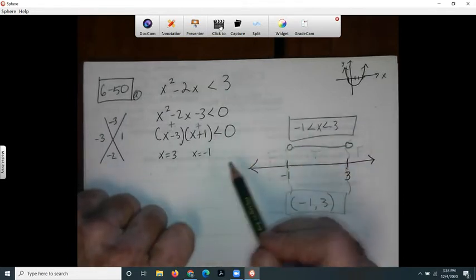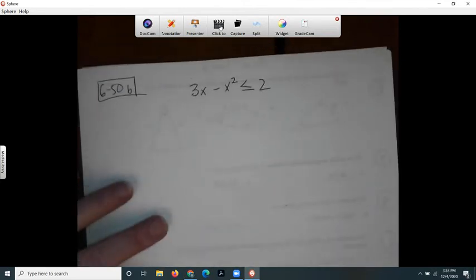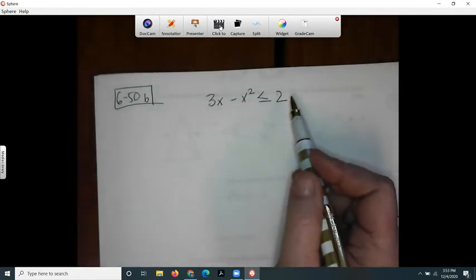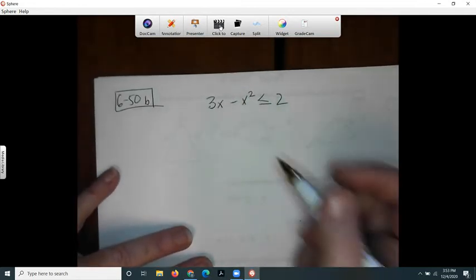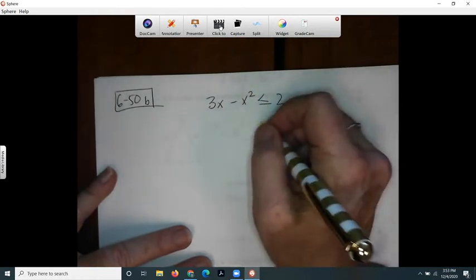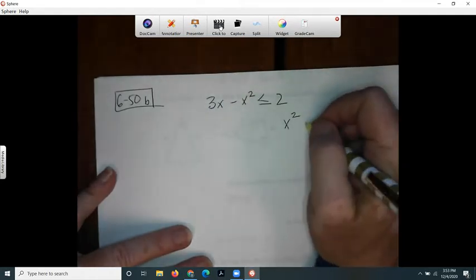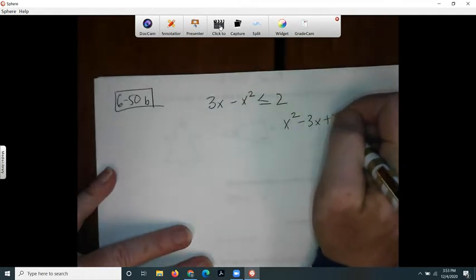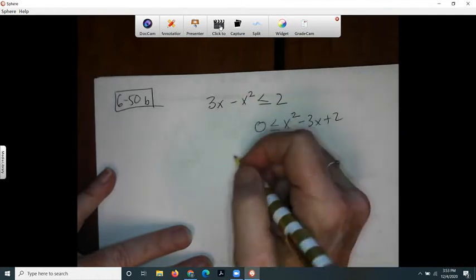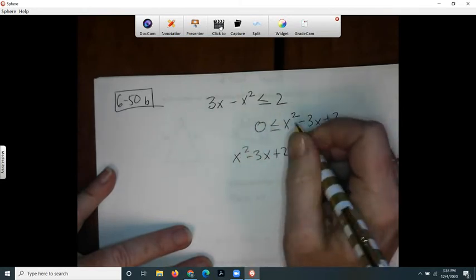Let's do the next one a lot faster. I want to get 0 on one side of the inequality, so I actually think I want to move the x squared over here, so I'll have x squared and move the 3x. You've got to be careful when you do this.